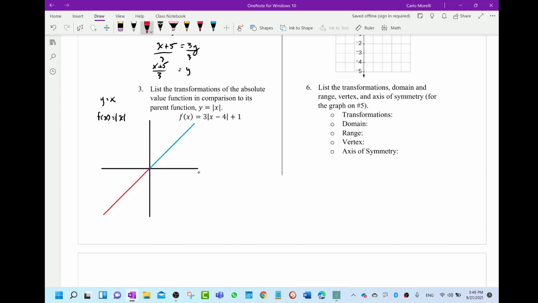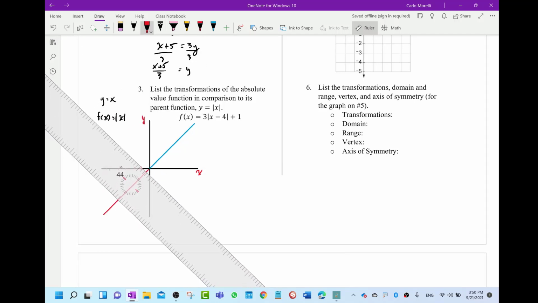And so how do we get the V? Well, remember, absolute value negates all negative numbers. So all the negative x values just get turned positive, which actually ends up reflecting across the x-axis this red line. So let me show you what that looks like. So we're going to reflect across the x-axis.